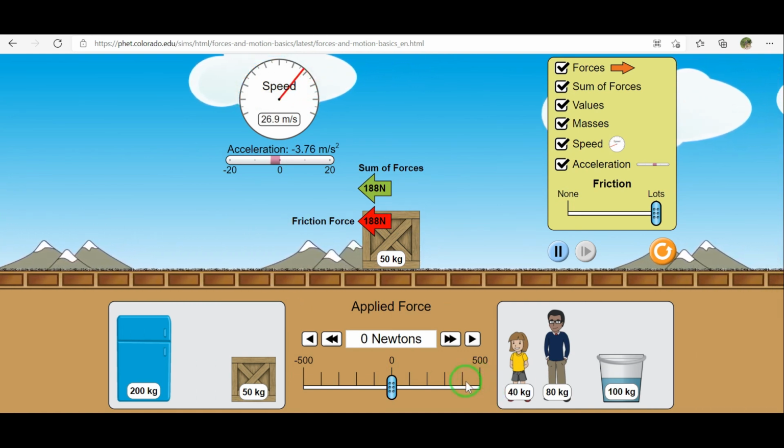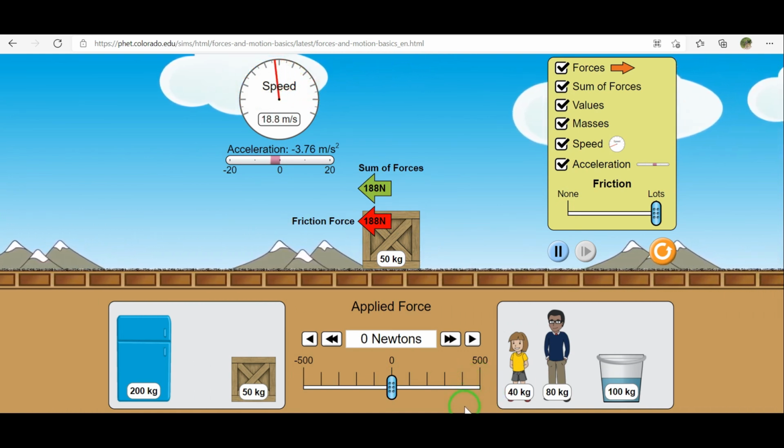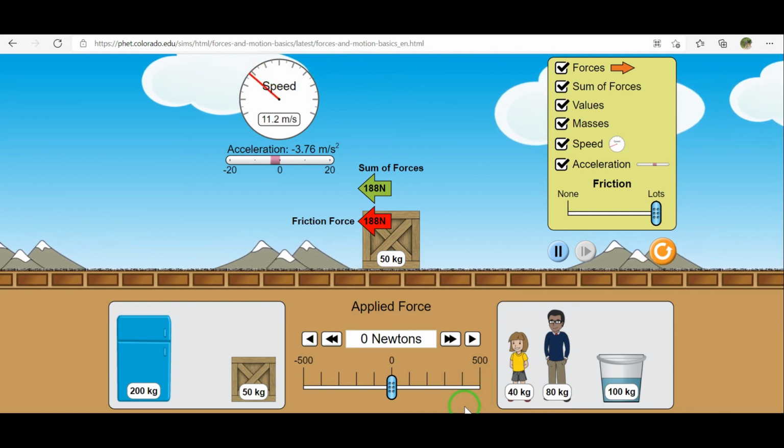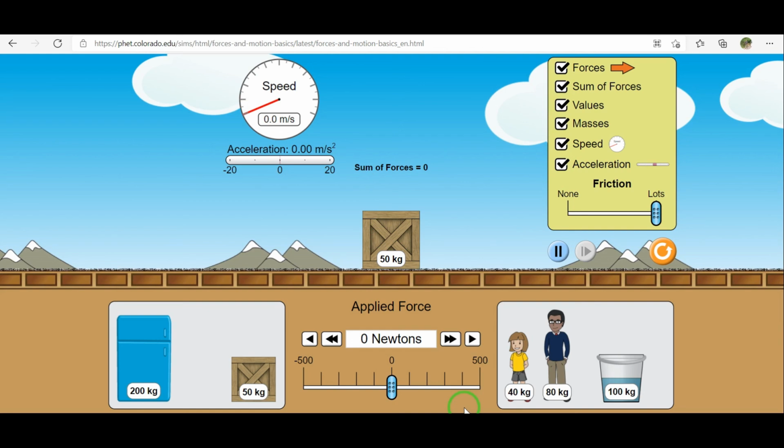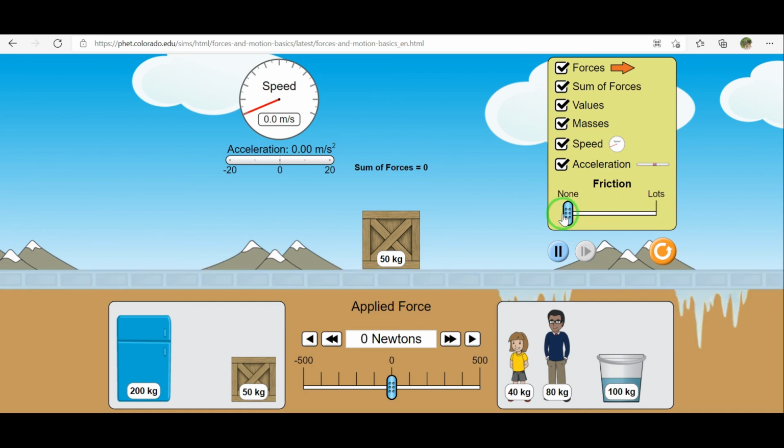For some time, the body will move, and after some time, the object will come to rest because of friction force. In case I make the friction 0, so I can handle the friction here. I am making the friction 0. Generally it is very difficult to make the friction 0. But suppose the condition is now friction is not at all there, right?